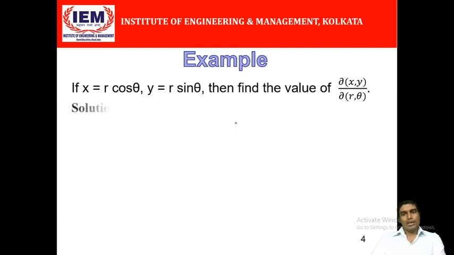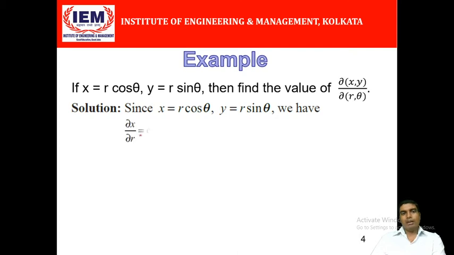Now del x by del r will be cos theta. If you differentiate partially with respect to r, we get cos theta, because cos theta is constant and the partial derivative of r with respect to r is 1. For y it will be sin theta.